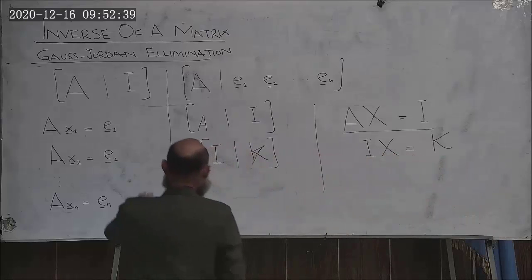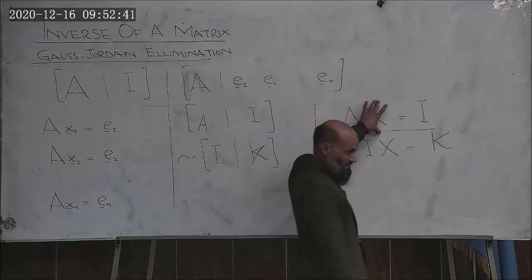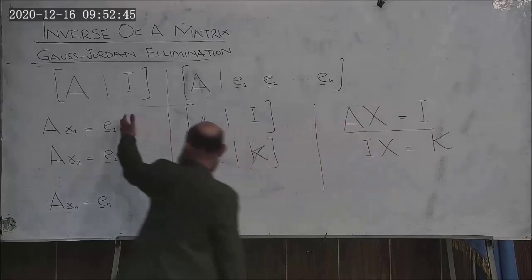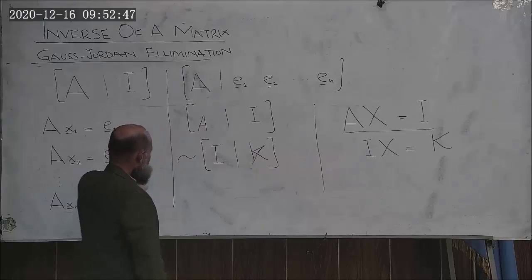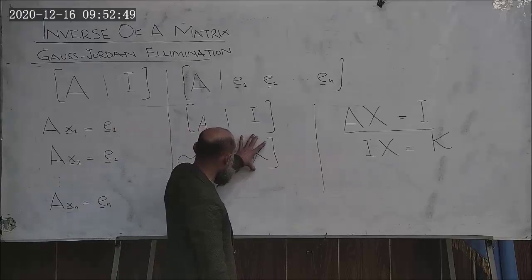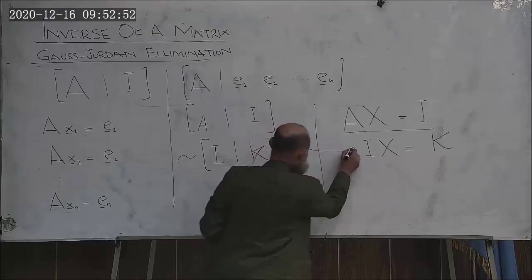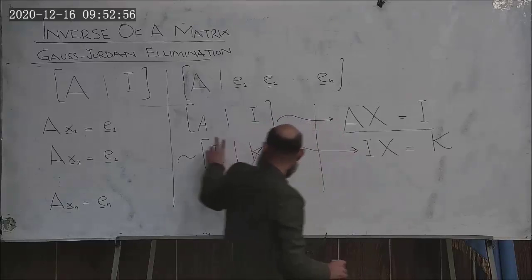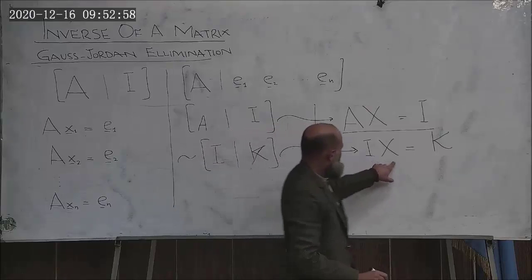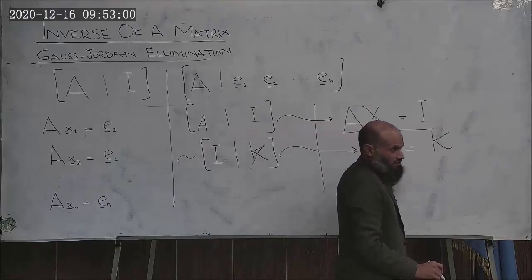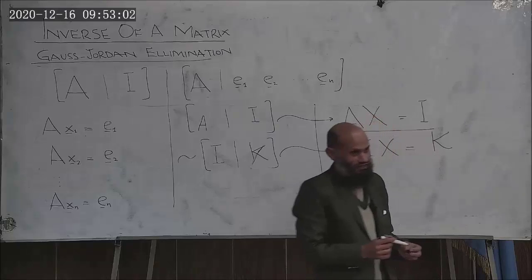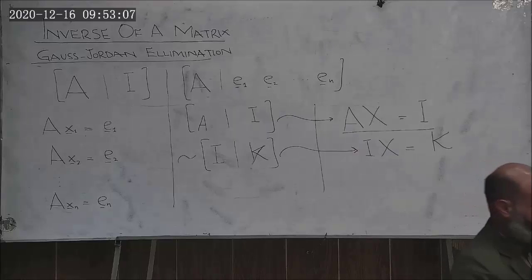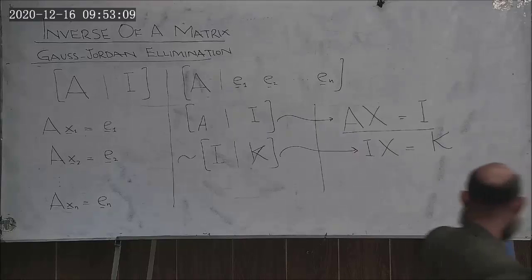So we wanted to find this inverse X. We formulated it into systems of equations, and performed row operations to transform this thing. These equations are the same, and therefore X is computed, and therefore this procedure gives you the inverse of a matrix. Is it clear?